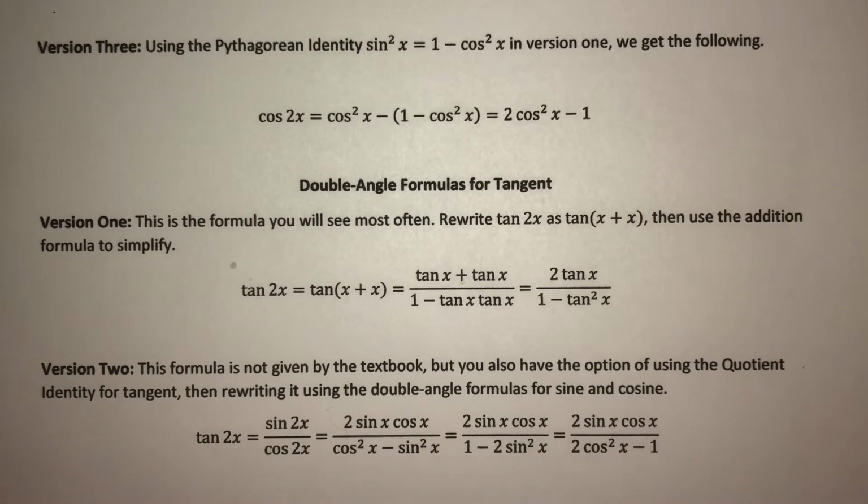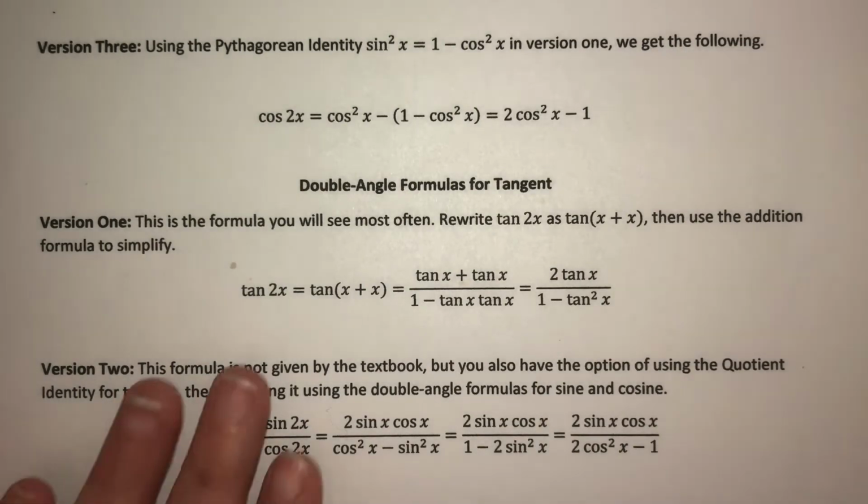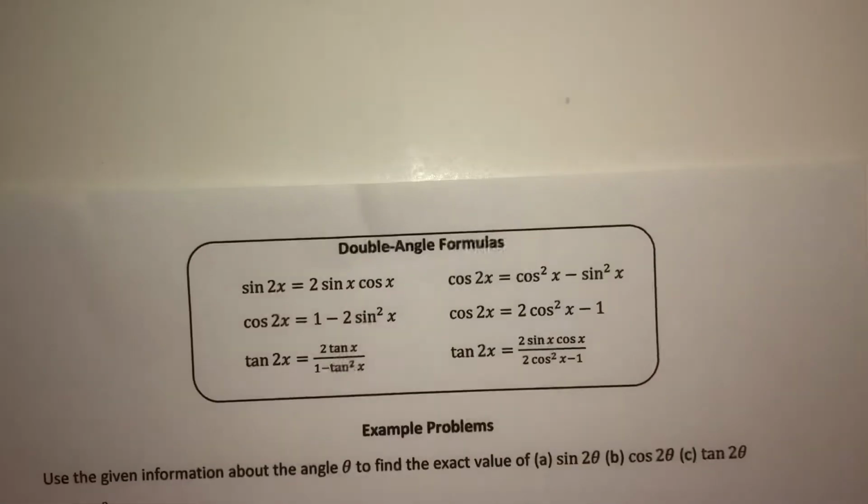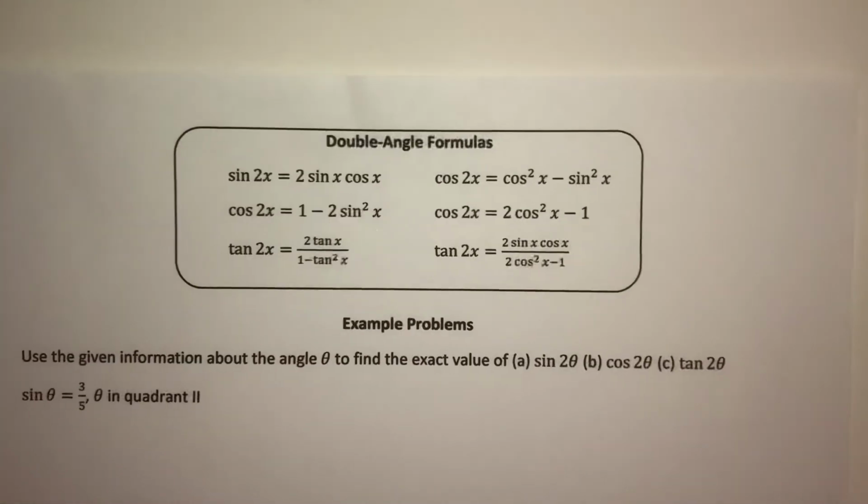Okay? So we have a lot of options here. And also, if we've been working a problem where we've already had to calculate the double angle for sine and the double angle for cosine, then we have the option of simply dividing them to get the double angle for tangent. Okay? So in summary, we have these formulas.